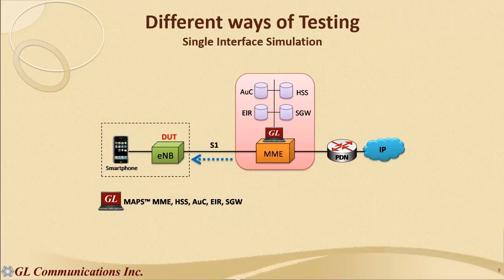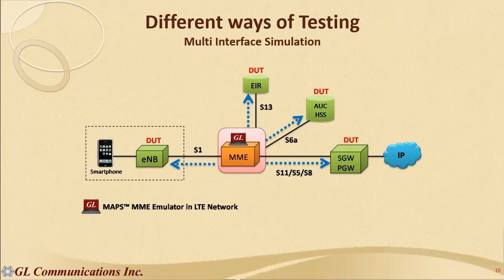So single interface simulation is very good, as it can support other network functions. As you can see on the screen, HSS, AUC, EIR, and SGW are embedded within this MME without having a real HSS or those entities. This is the advantage of single interface simulation.